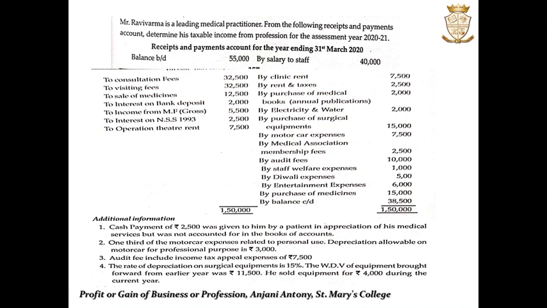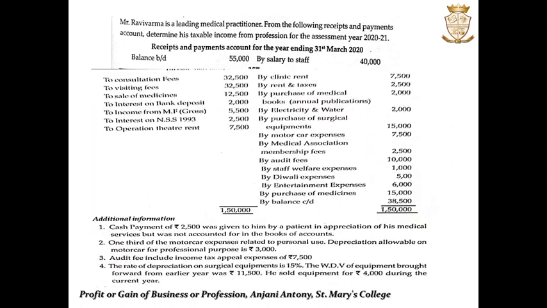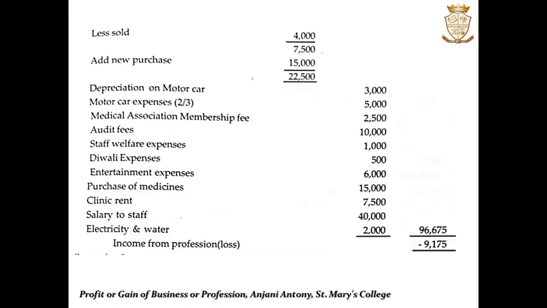So motor car expenses 7,500, and in the adjustment it is said that among the 7,500, 1/3 portion is of personal use. So 2/3 will be of professional use. The 2/3 of motor car expenses will be 5,000 rupees. So 5,000 rupees motor car expenses, depreciation 3,000. In the question it is said that depreciation is of professional use.